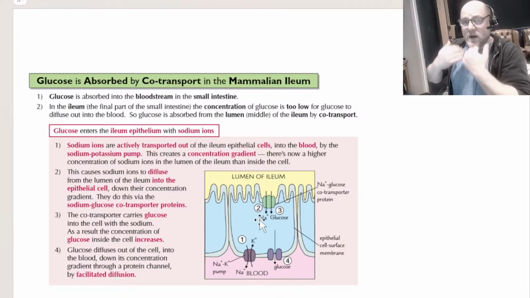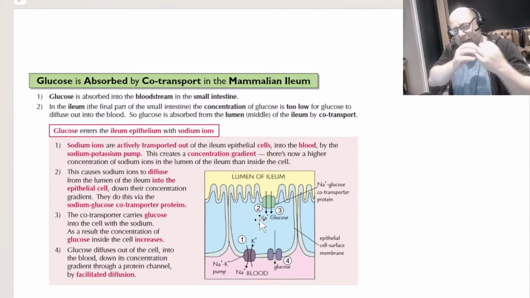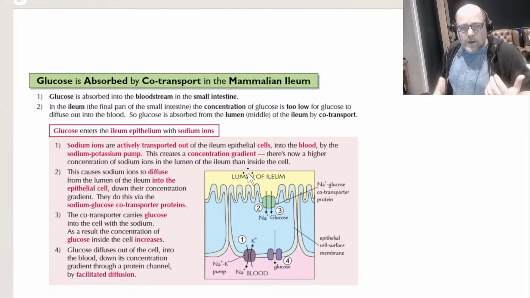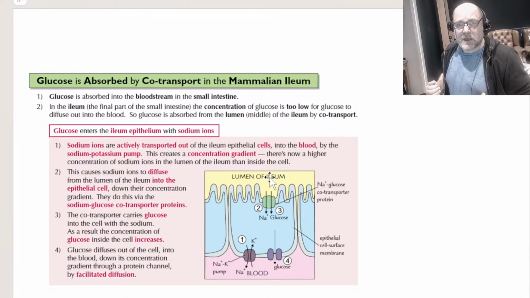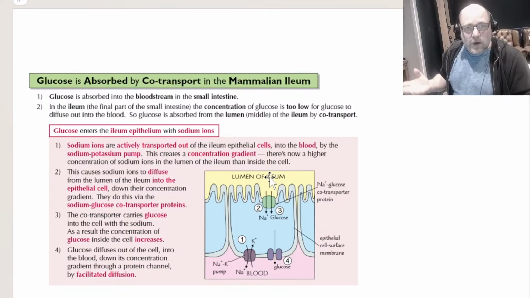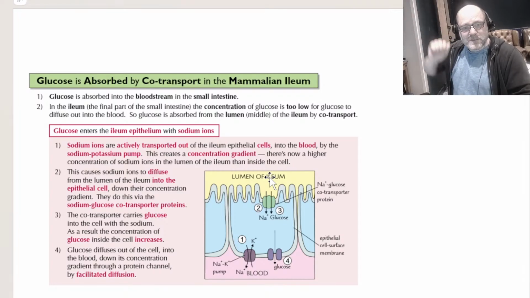Say I've eaten a burger or a chocolate bar full of glucose. As the sugar's coming down here, it's diffusing across. Once this cell has 50% glucose and the lumen has 50%, no more glucose is going to move across, because it goes from high to low.